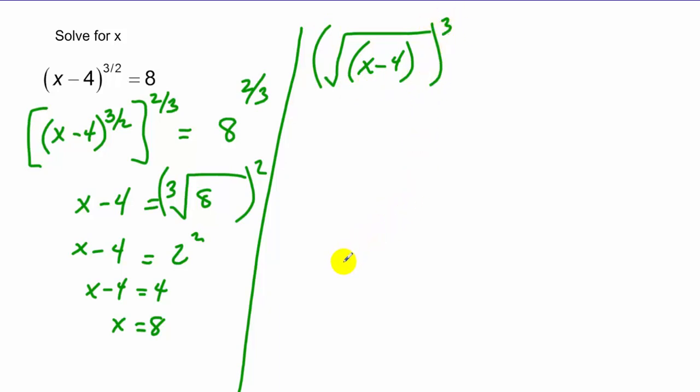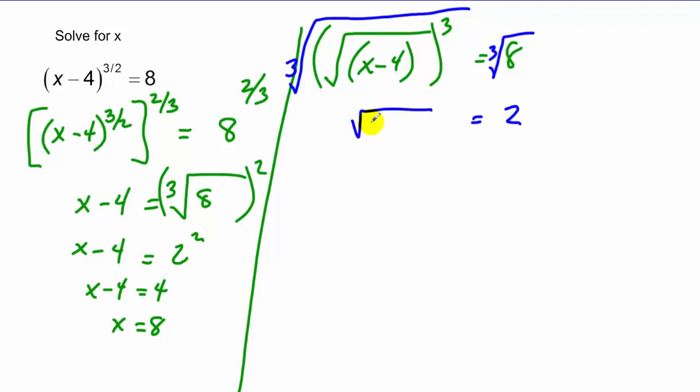Something like this. Now, if I want to undo a cubed, I'd have to take the cube root to undo that. So notice, I could cube root this side, cube root this side, end up with 2 is equal to the square root of x minus 4.